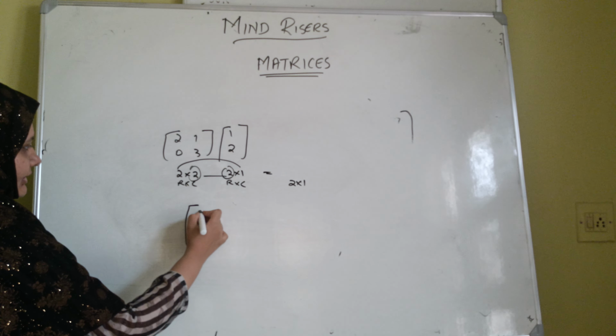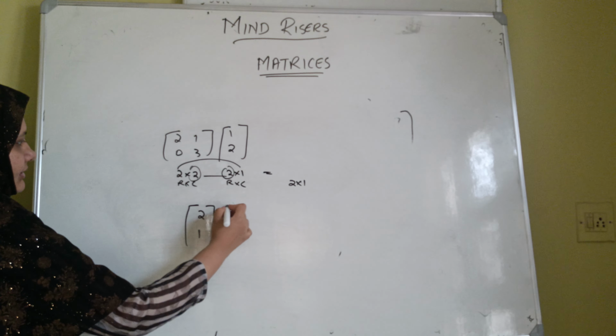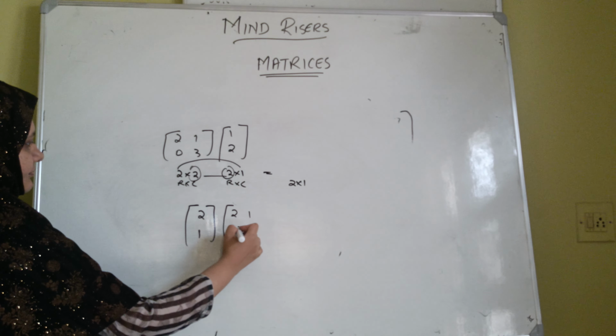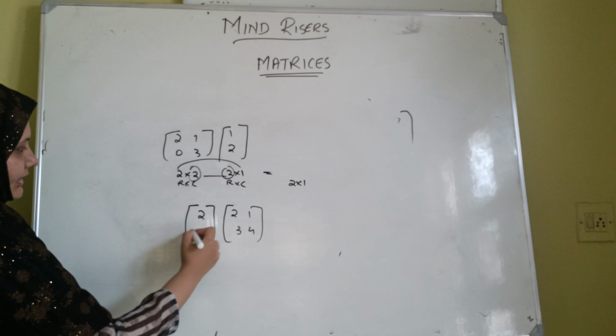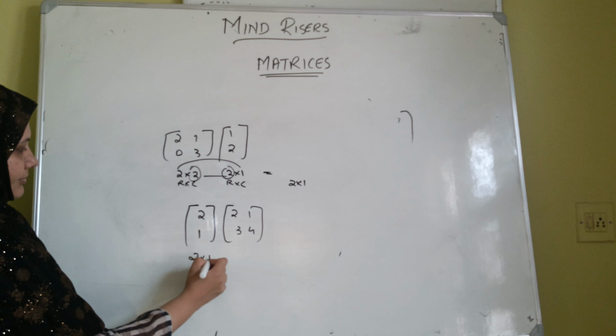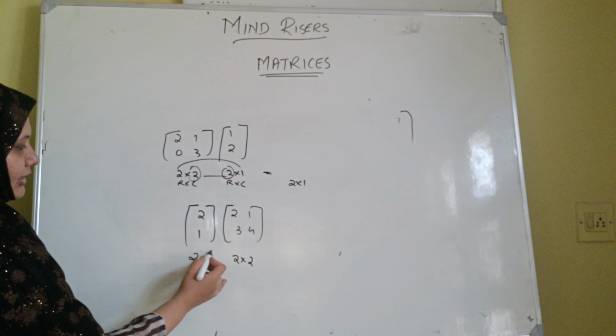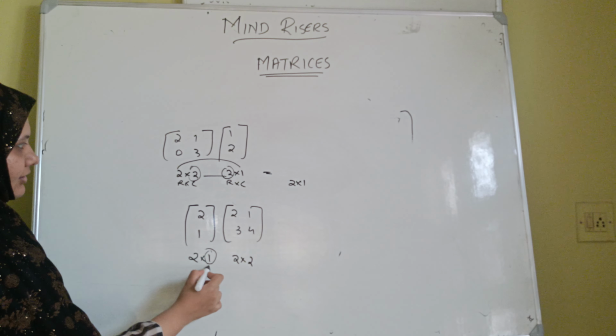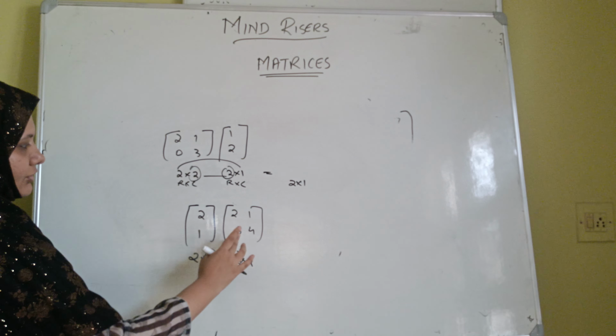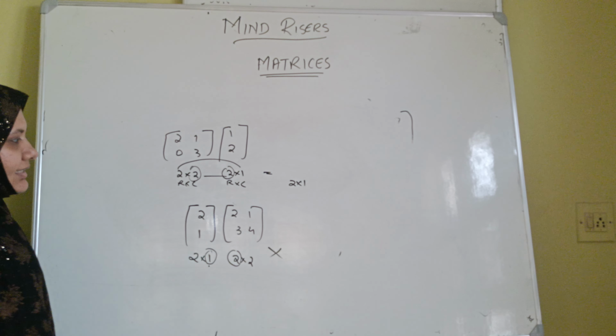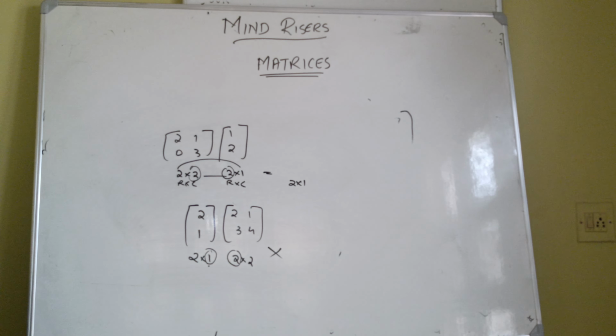Alright, so another one. So you can see there are 2 rows and 1 column. So this is 2 cross 1, whereas this is 2 cross 2. Now here the columns is not matching with the rows of the second matrix, so this multiplication is not possible. So we cannot multiply them.